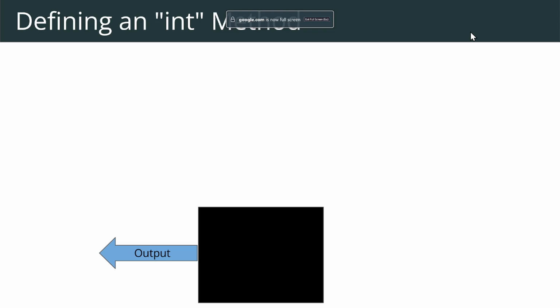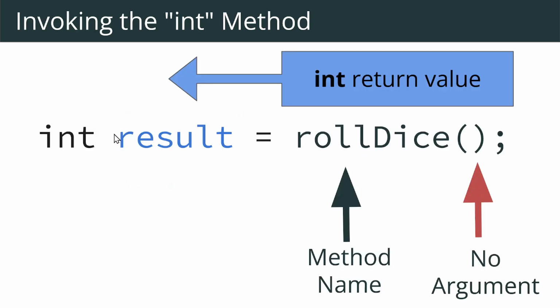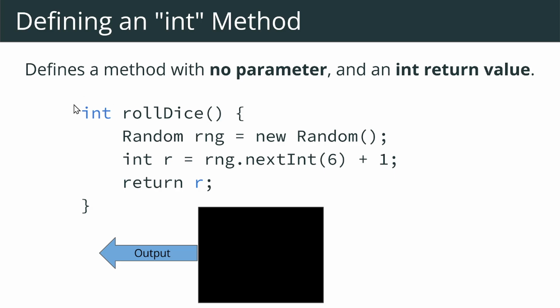This is an example of a non-void method. It's non-void because we're returning a value from some sort of black box. You don't have to worry about the roll dice. All you have to focus on is the flow of this. When we invoke a non-void method, we should prefix it with a not void.